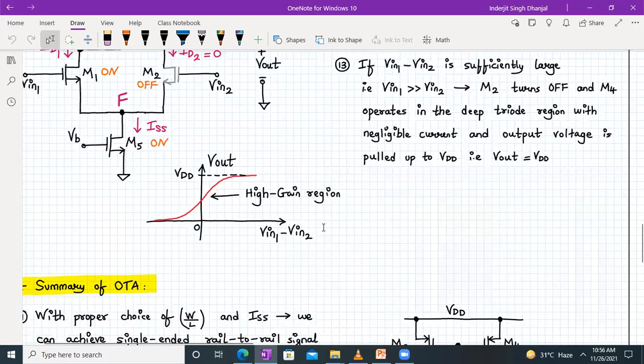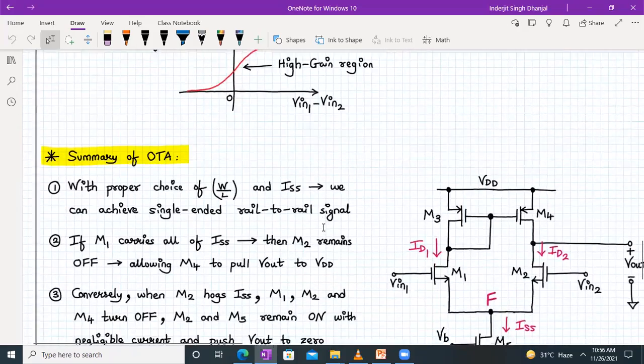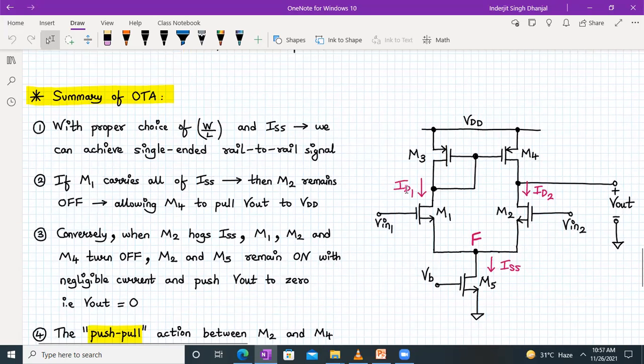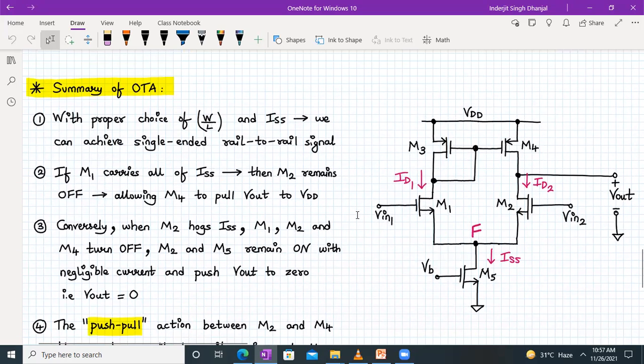Fine. Now let's just summarize what we did so far. With a proper choice of W/L ratios and ISS value, we can achieve a single-ended rail-to-rail signal swing. Okay. So now we have considered two cases. If M1 is carrying all of ISS current, then M2 remains off, allowing your output to be pulled up towards VDD via M4 transistor, right? This is one case.